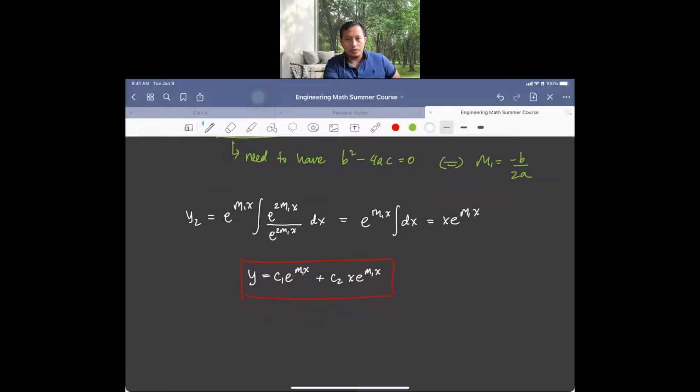And we will have the general solution with the second solution coming from the reduction of order.